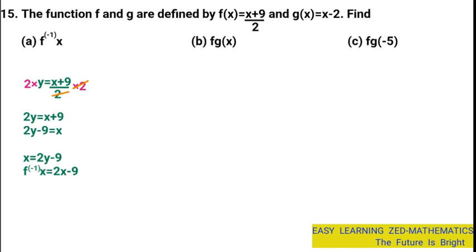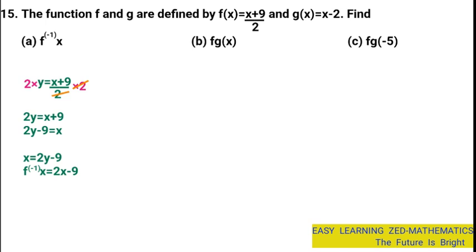So where there is y, I've just replaced it with x. That's what I've done, and that's what you need to do in an exam. Where there was y, I just had to put x. That's all. So the inverse of f of x is 2x minus 9.